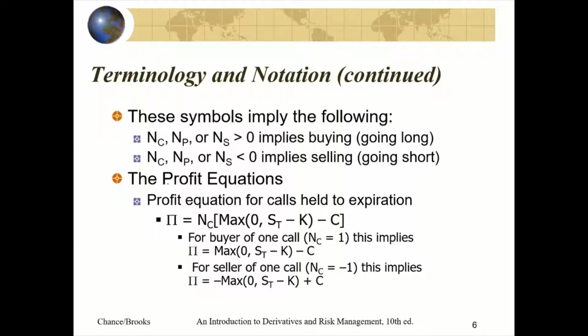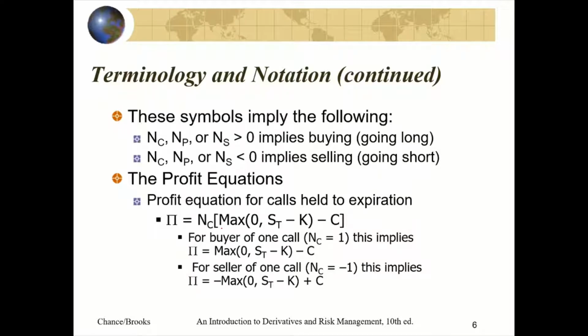Right. Now, let's look at the profit equation for some of the instruments. So for call options that are kept until expiration, the profit is equal to the number of call options times the payoff of the option that we will be realizing minus the premium of the option.